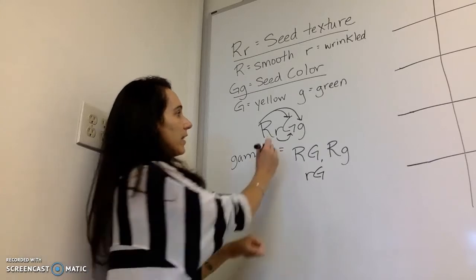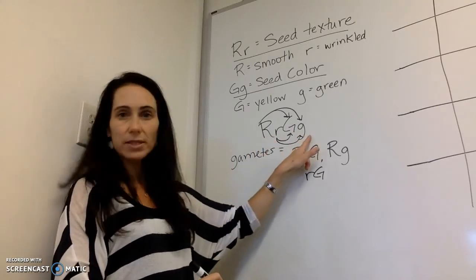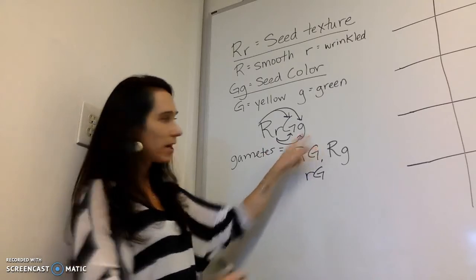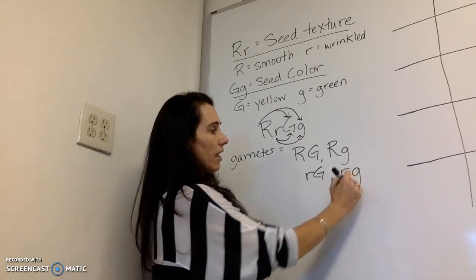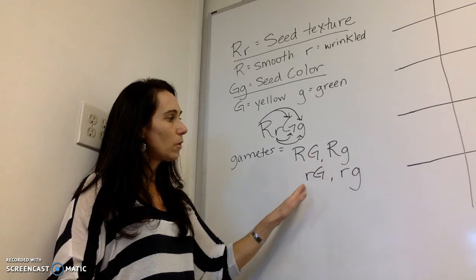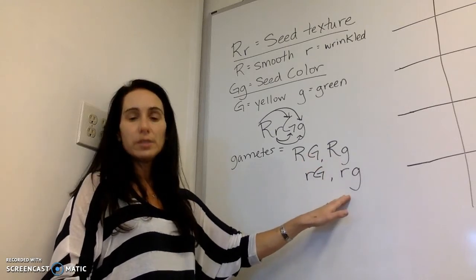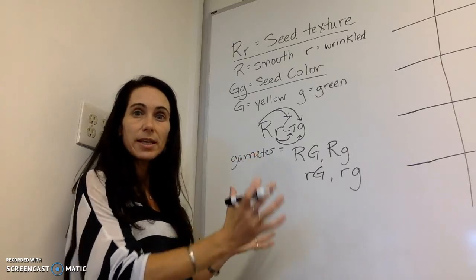Okay? And then finally, second allele from the first trait combined with the second allele from the second trait, and that's going to give us the recessive r and the recessive g. So we have 1, 2, 3, 4 different combinations that these alleles from both of these traits can get into.